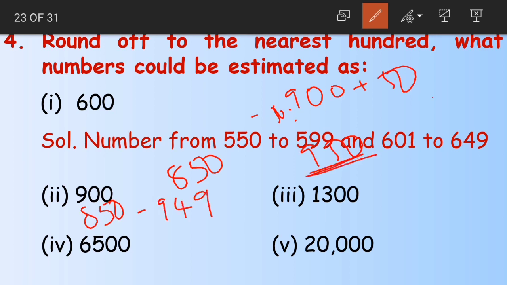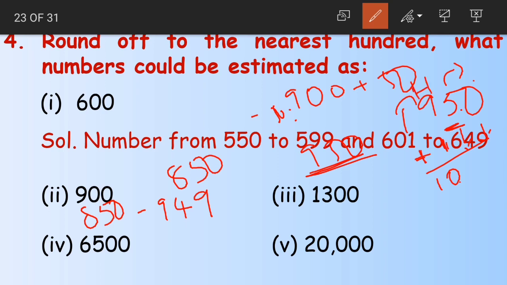Why not 950? When we take 950, 5 is in the tens place, so it is equal to 5. We round up, we add 1 to the digit in hundreds place, sorry, not tens, hundreds place, and the digits in tens and ones place will be replaced by zeros.